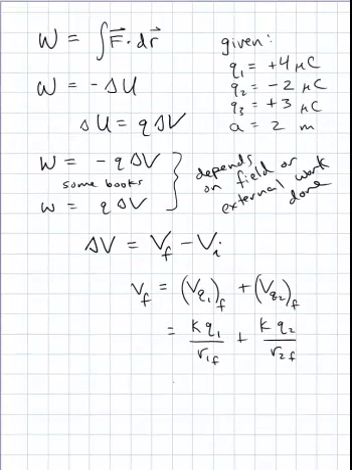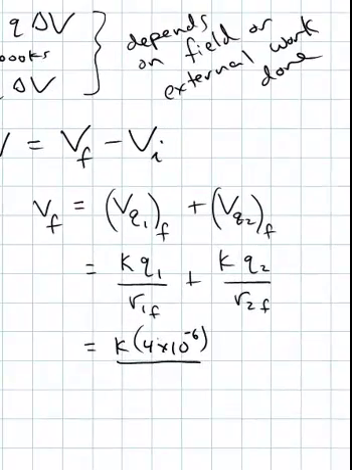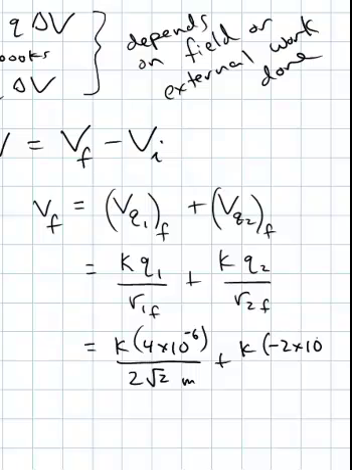Okay, so I'll punch those numbers in here. I've got k. Q1 is 4 times 10 to the negative 6th coulombs. The distance is 2 times the square root of 2 meters. My other charge is negative 2 times 10 to the minus 6, and its distance is 2 meters.